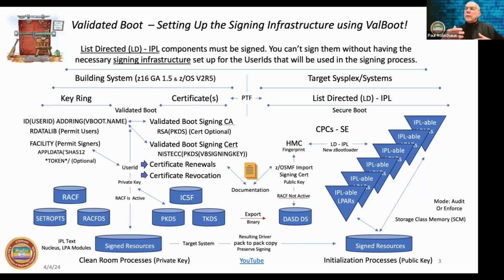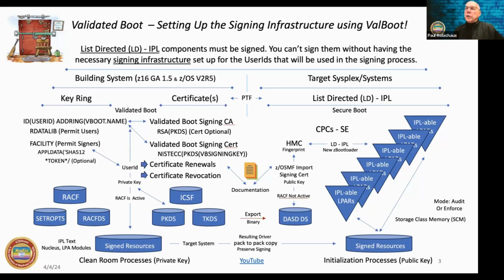And we have to, in essence, authorize individuals, a small group of individuals, maybe just one or two, to actually become the signers of the components that we are going to pass on for initialization in a new form of IPL called a list-directed IPL or an LD-IPL.